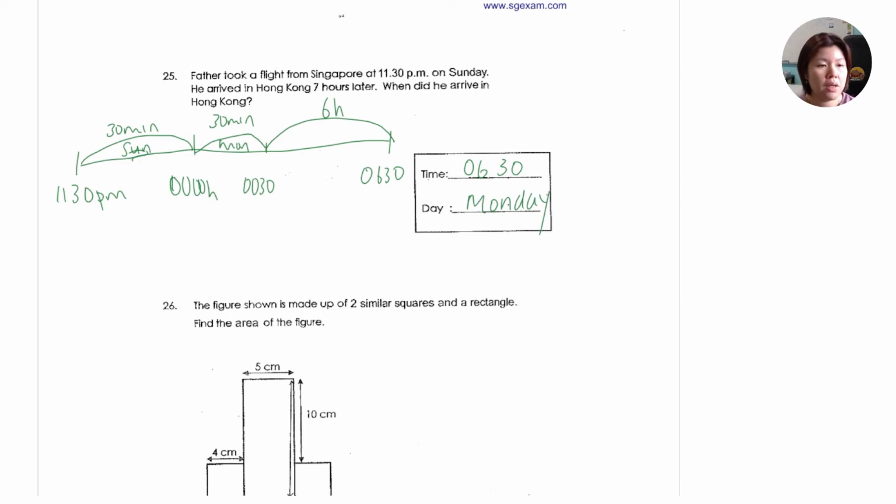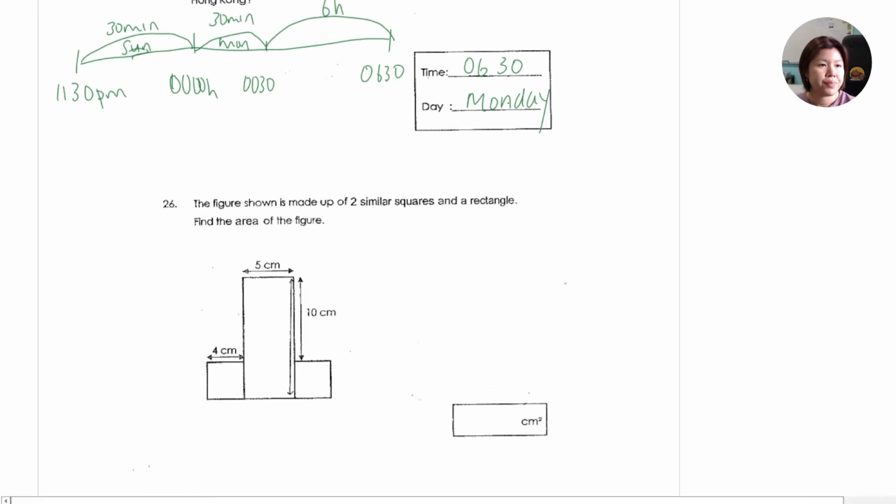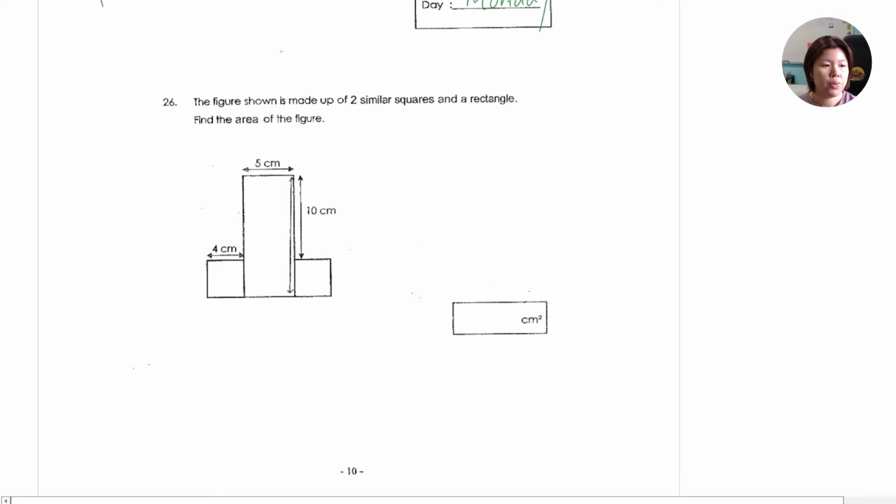Okay, next one, let's continue 26. The figure here shows two similar squares and a rectangle. I want to find the area. So if this is 4 cm, means this is 4 cm. And I can find the area of square.